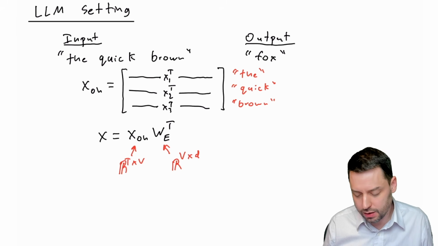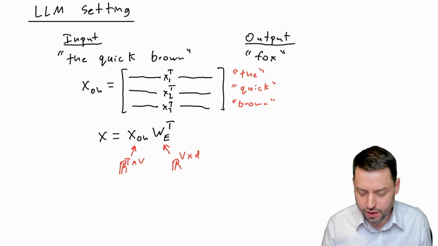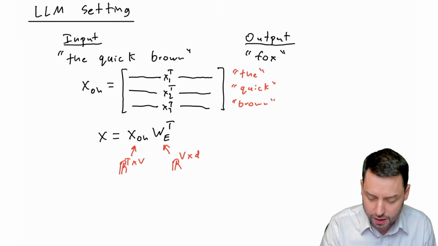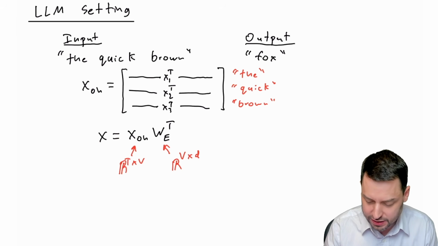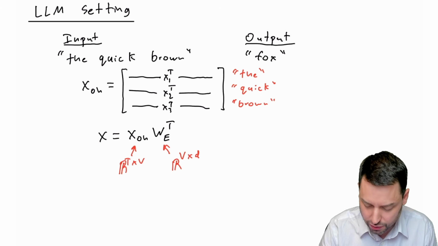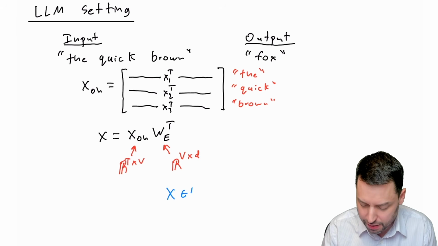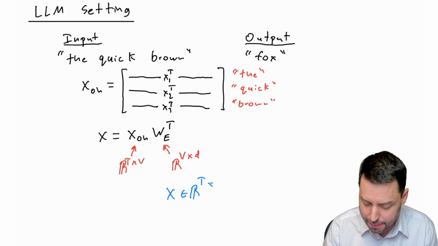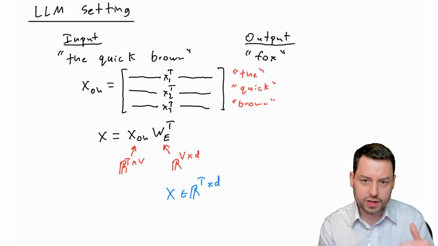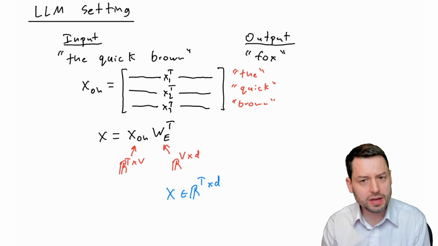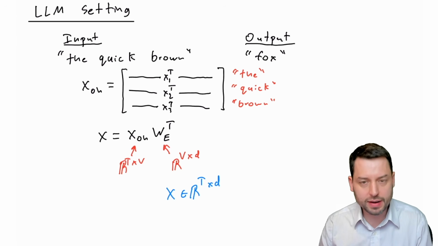But really, the important part here is that in general X is a matrix which is T by D, where T was the number of words in the input, and D was some embedding dimension, some sort of hidden dimension.